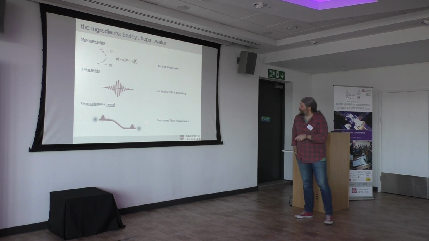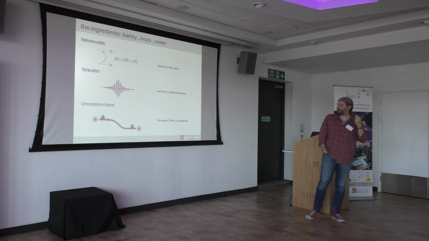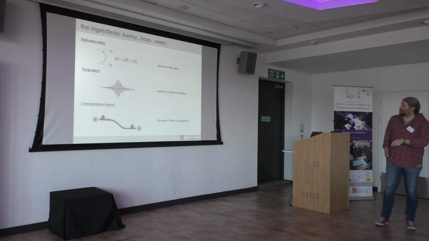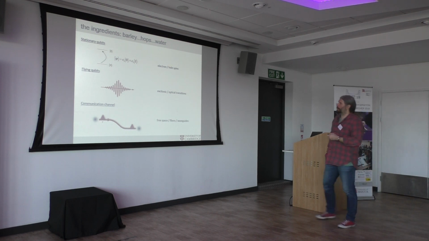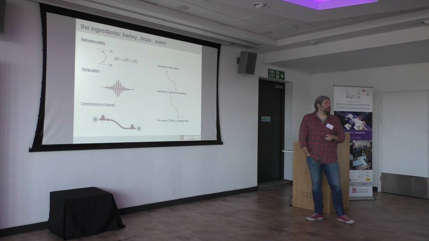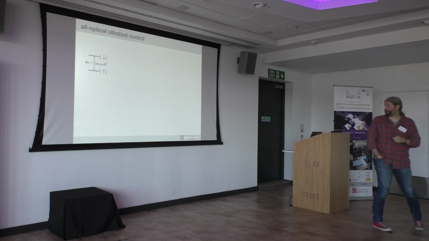And the communication channel, the improvement of free space versus fibers versus waveguides, take your pick, whatever it is you want to work with. I would say all of these options are now reasonably mature enough that we can talk about integrating into larger networks, larger systems. So most of the work is now actually linking them in the most efficient, feasible way.